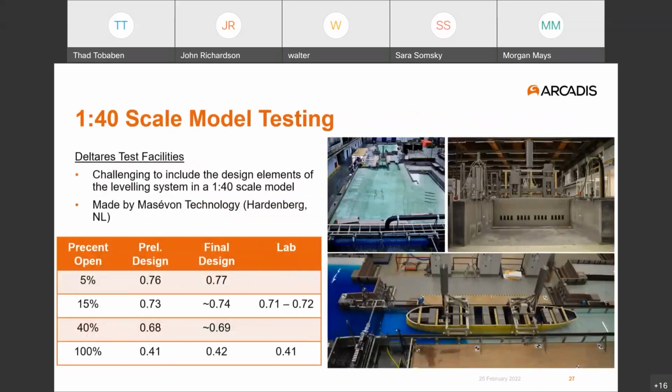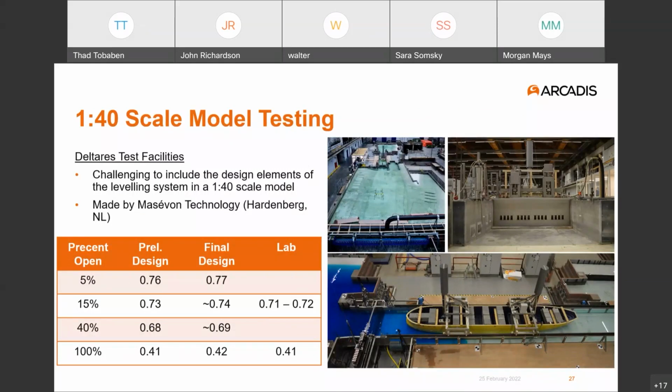One thing that supported that decision also was, finally, at the end of the day, the results of scale model testing. On this particular slide, we see photographs of the scale model that had been constructed, and in the table on the lower left, we see some of the computed results compared with what was measured in the lab.